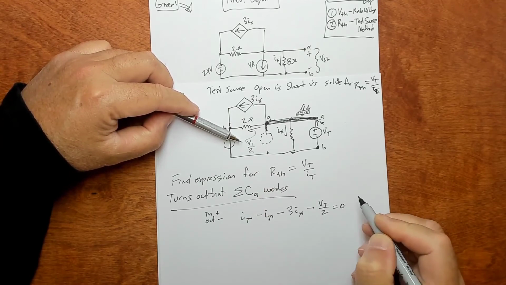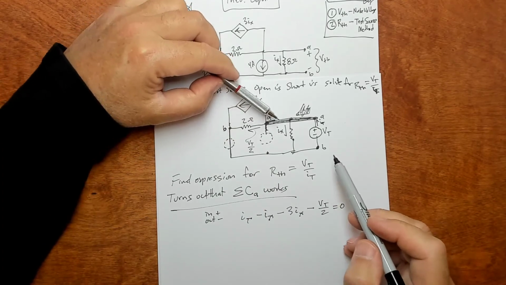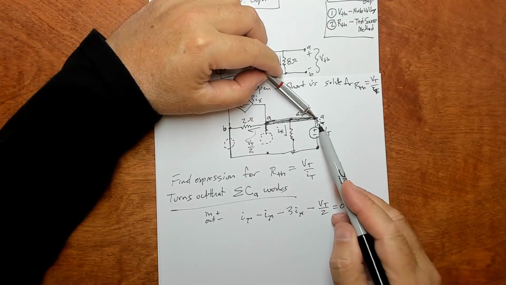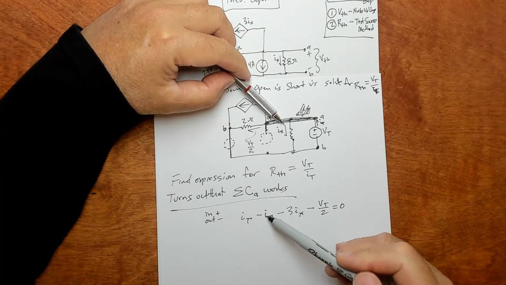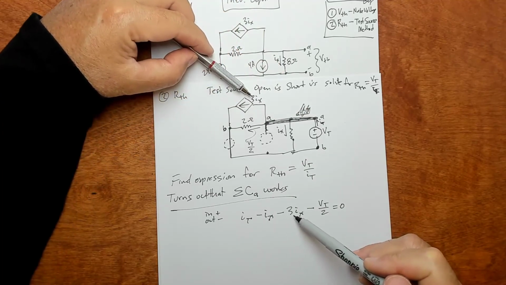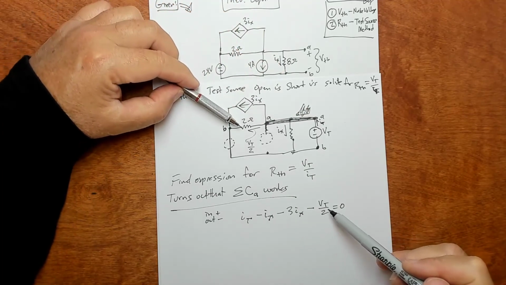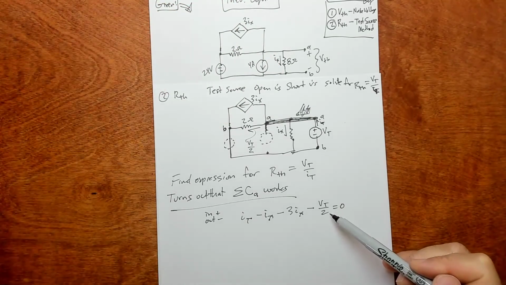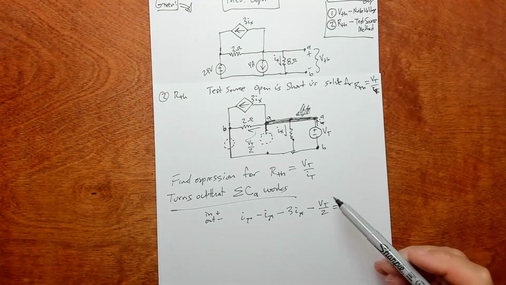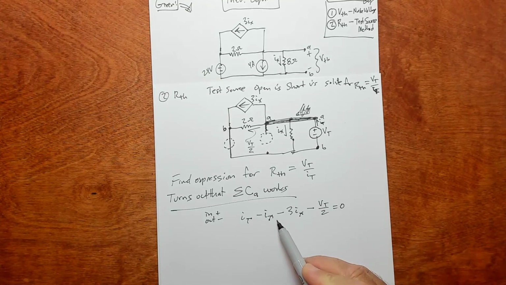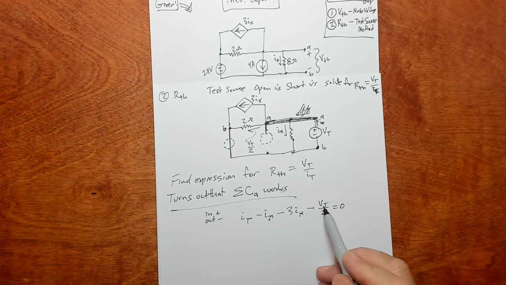Those sum to 0. Did I get them all? I've got I sub t coming in. I've got I sub x coming out, so it's negative. I've got 3 I sub x coming out, and then I've got V sub t over 2 coming out. That's it. This expression has 3 variables in it: I sub t, I sub x, and V sub t.